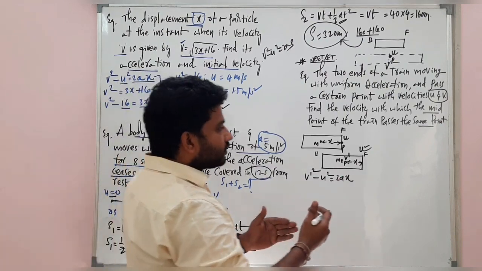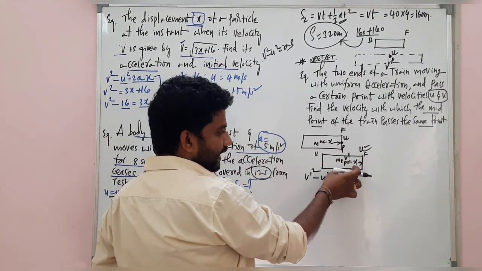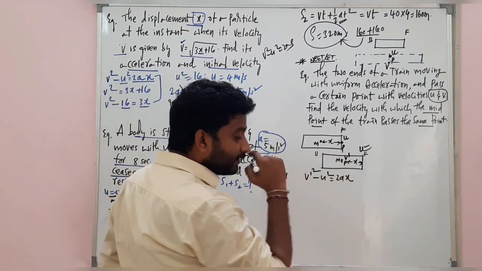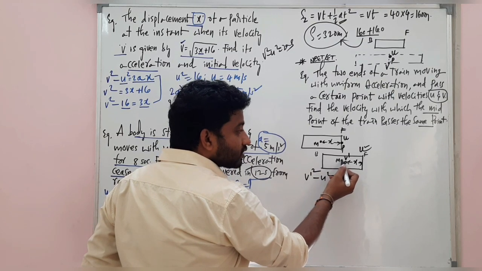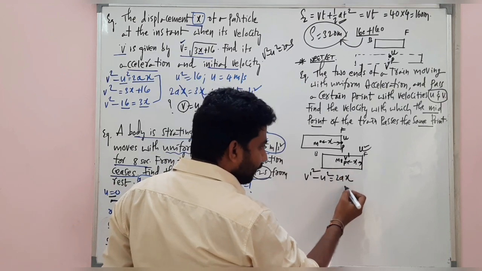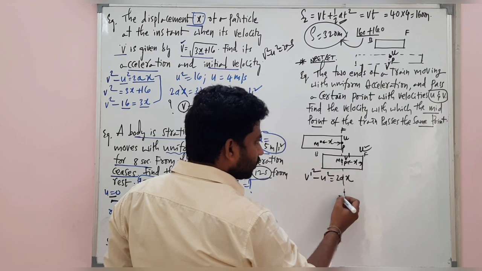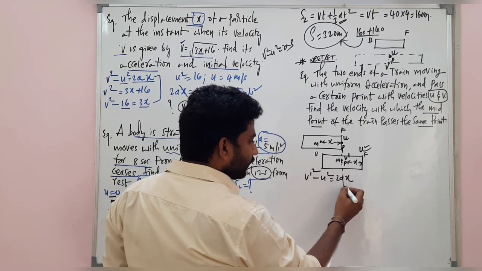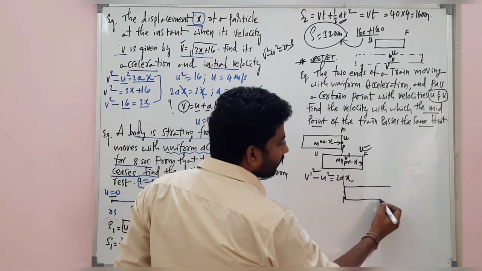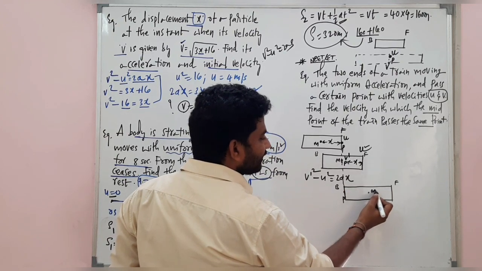Now let's concentrate on the other diagram, the diagram which is after this. After this, the midpoint has crossed point P with the speed v dash. The midpoint is not changing. This is your point P. Now look at the back end of the train: this is the front end, this is the back end, this is the midpoint of the train.